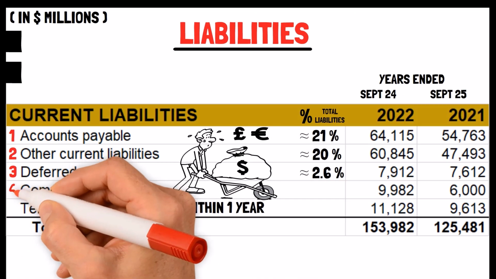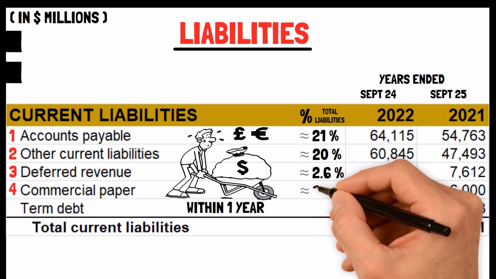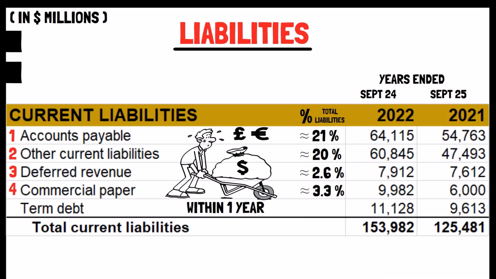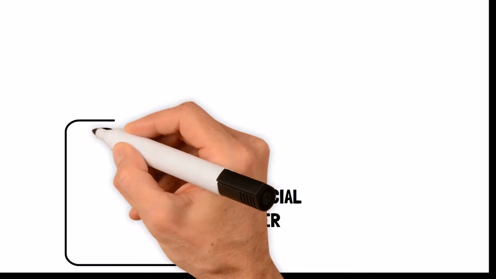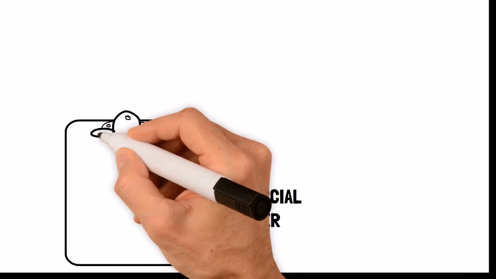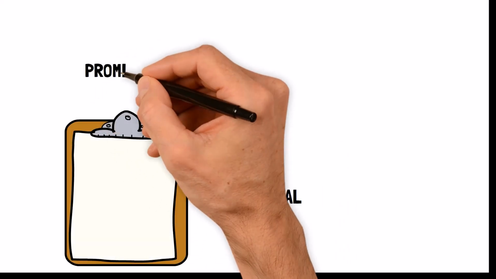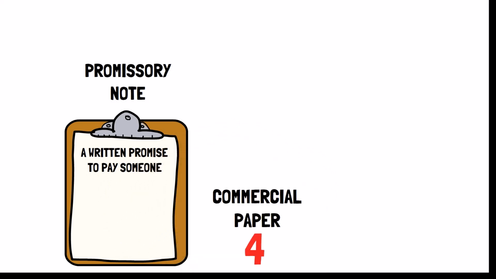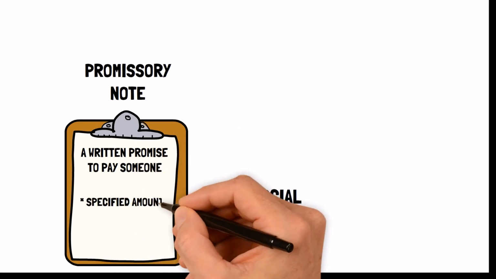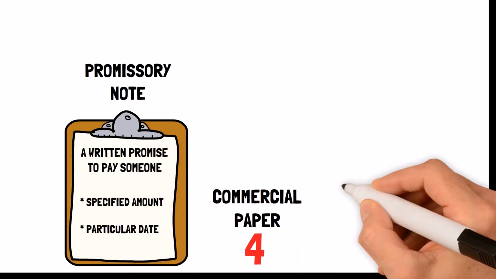Next, commercial paper constitutes roughly 3.3% of the total liabilities. A commercial paper is also known as a form of an unsecured short-term debt instrument or a promissory note. It is a written promise to pay someone a specified amount on a particular date for maturity.